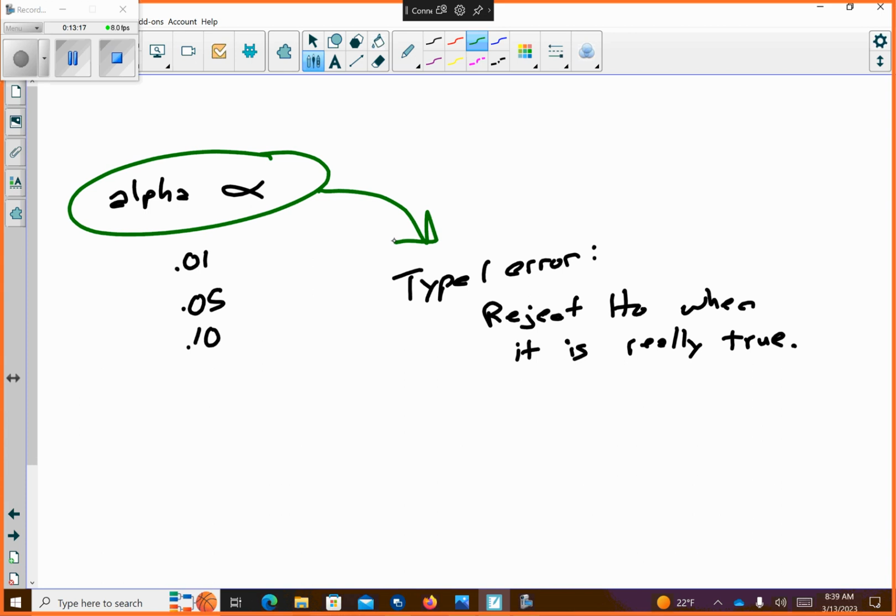Higher values of alpha make it easier to reject the null and find the evidence we are looking for. However, we do so with less confidence. Imagine selecting an alpha value of 90%. It would be very easy to reject the null, but we do so with only 10% confidence. In fact, this makes no sense. We would be finding strong evidence for something that admittedly has a 90% chance of being wrong.